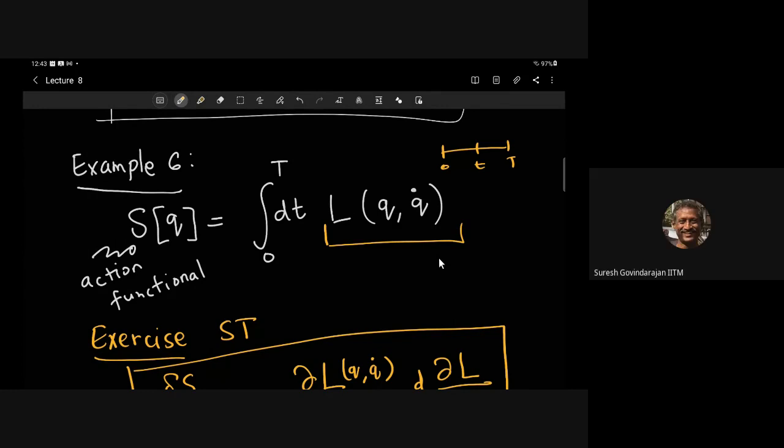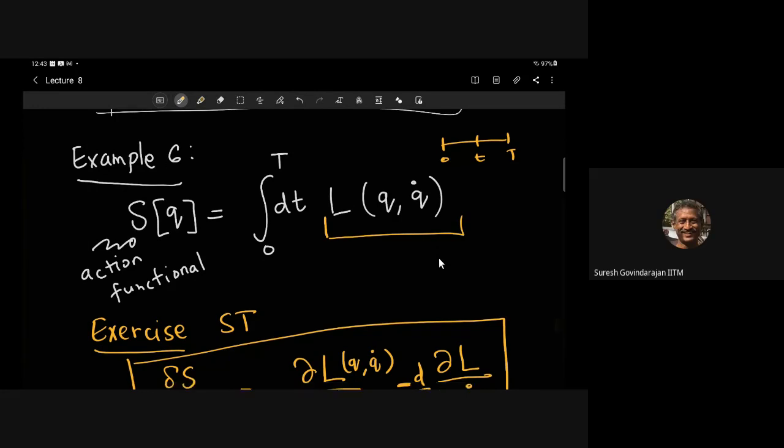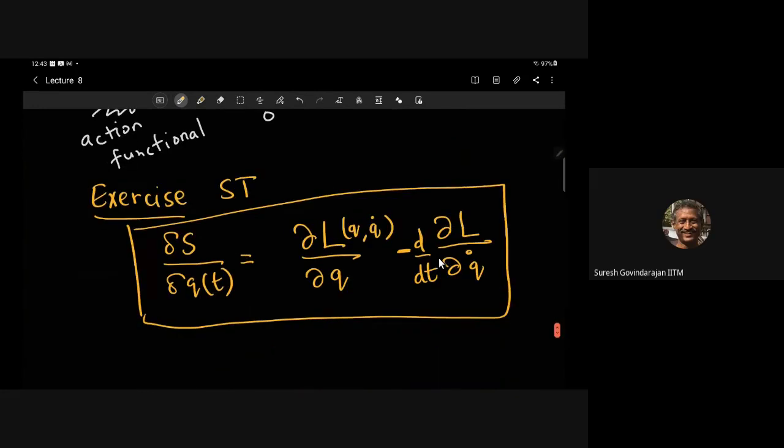Yes, sir. Yes. Okay. So here also, on the right hand side, q and q dot are independent variables. So now partial derivative makes sense. This is the partial derivative with respect to the first variable, and this is the partial derivative with respect to the second variable. Okay, so you write this out. You do this.